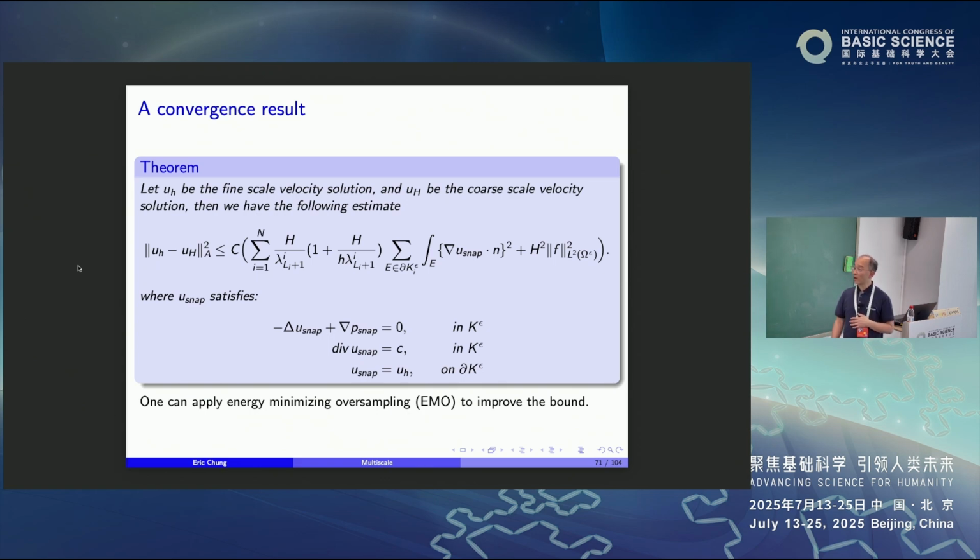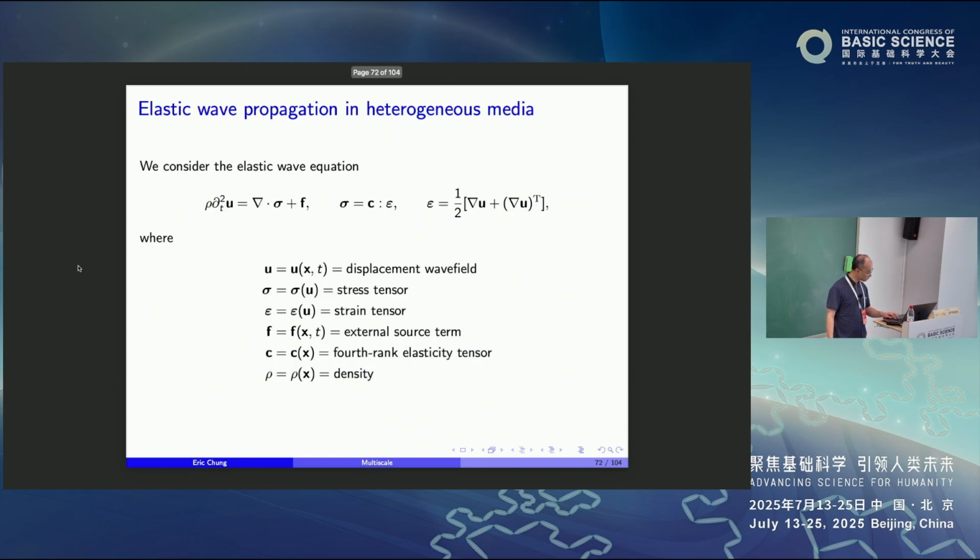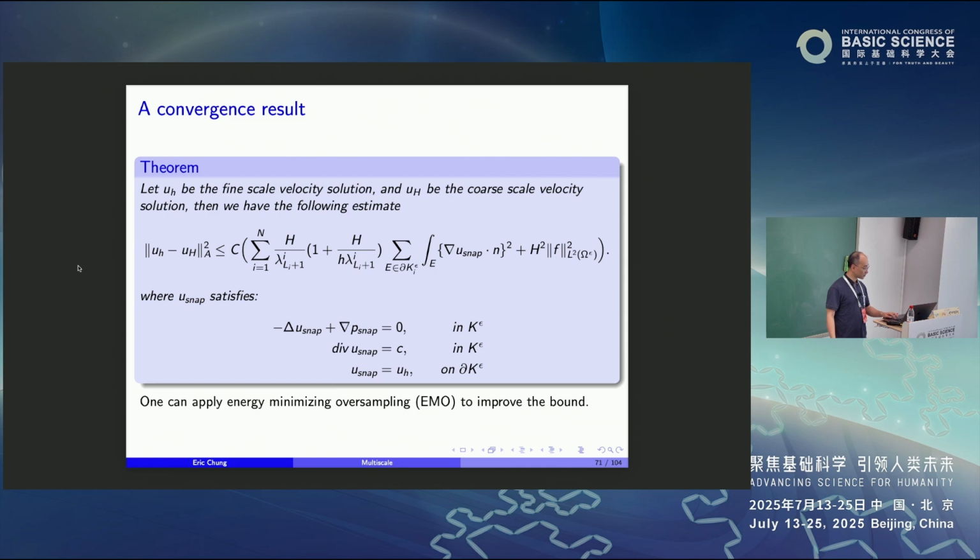And then we also have a convergence result that says that the error between the true and approximate solution will be bounded by a quantity that looks like this. And again, the key point is that you have this 1 over lambda. So this shows that as we use more bases, lambda will increase, so 1 over lambda will decrease. And this capital H is the coarse element size. Of course, there are some other terms that require some definitions. But this is the convergence result.